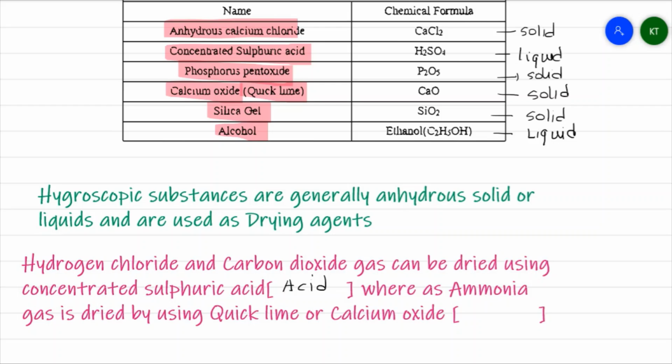To overcome this difficulty, we use quicklime or calcium oxide, which is basic in nature. So there is no reaction between ammonia gas, which is basic, and calcium oxide, which is also basic.